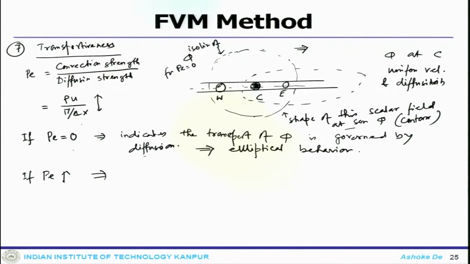So, the isocontour will move along the circle and the point at C will be influenced by the neighboring point ahead of it and downstream of it. Now, if I increase the Peclet number, that means my convection is going to slowly dominate over diffusion. So, the circular shape will become elliptical shape. This is the case when Peclet number increases and the phi will be shifted.